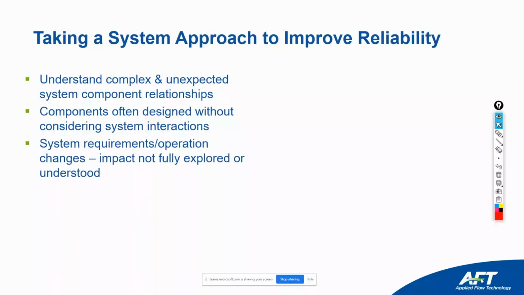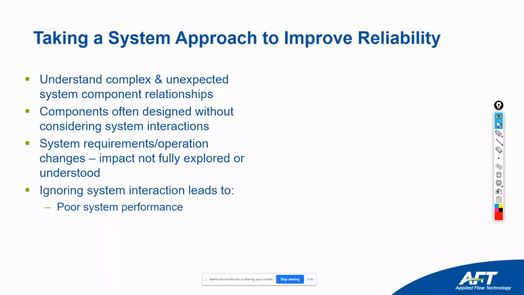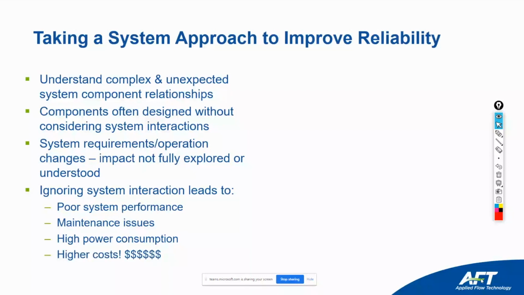Also, when your requirements or your operation changes at different times, those impacts may not always be fully explored or well understood. This can lead to several issues such as poor system performance, maintenance issues, high power consumption and energy costs, maintenance costs, product losses, loss of profit, things like that.